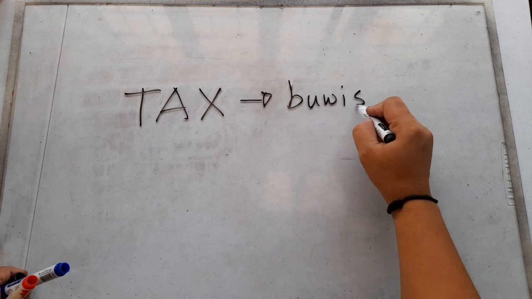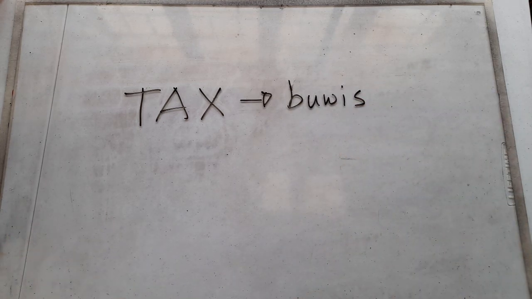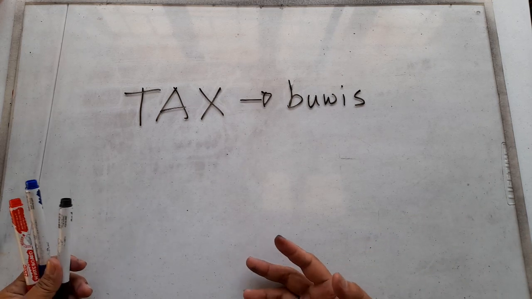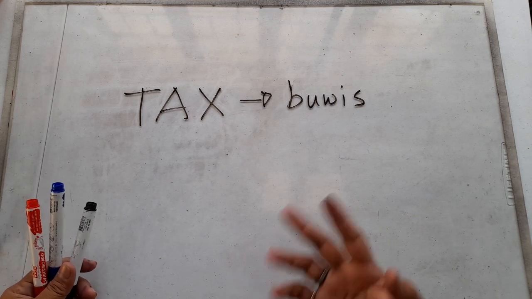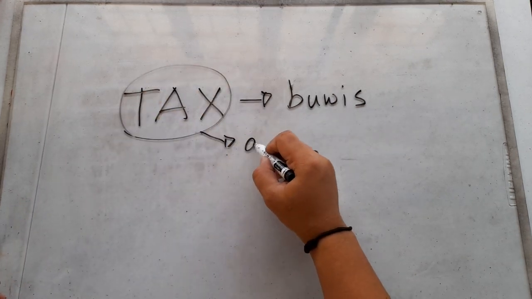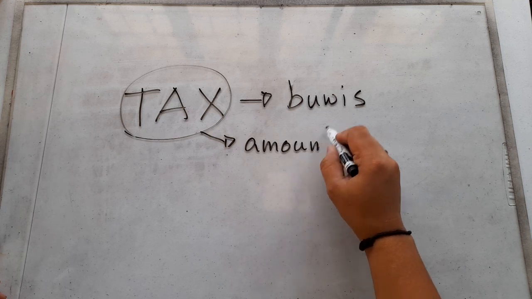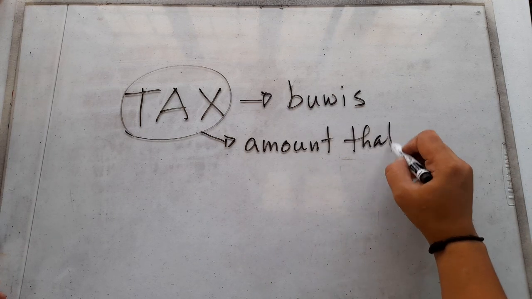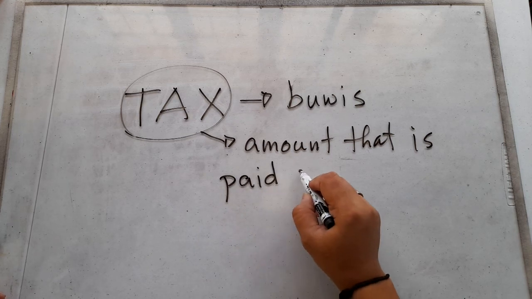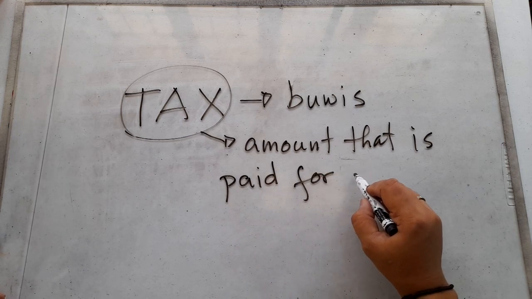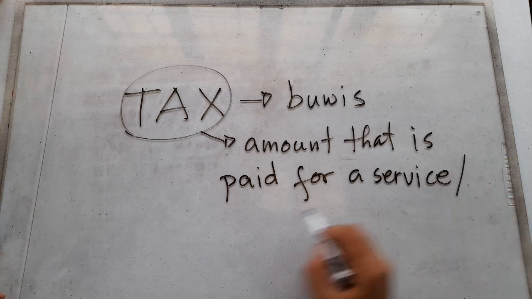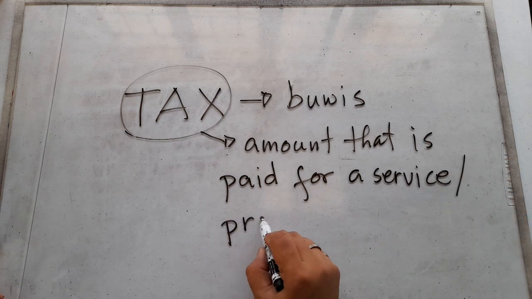Ano ba yung buwis? Buwis yung binabayad natin pag bumibili tayo ng item o kaya gumagamit tayo ng isang serbisyo. So, tax has something to do with the amount that we pay, okay, for any service or a product.